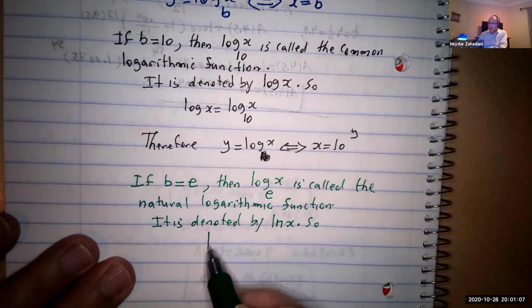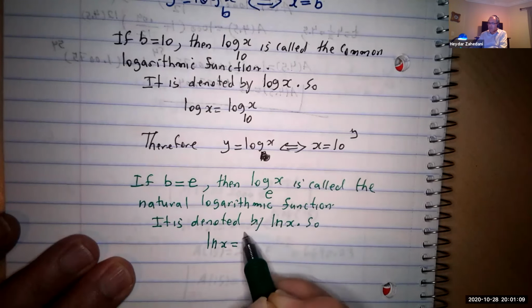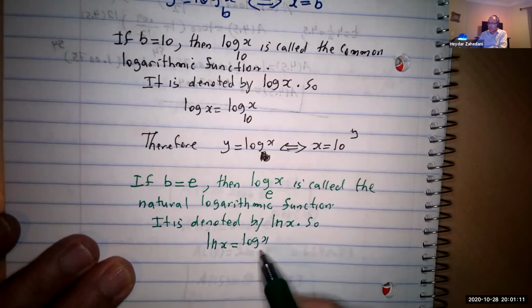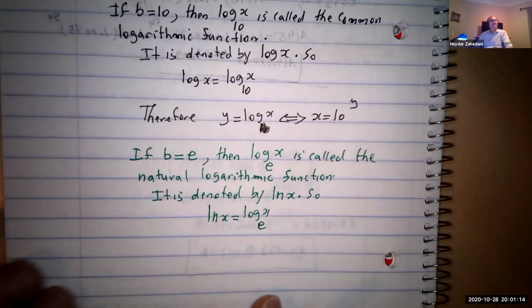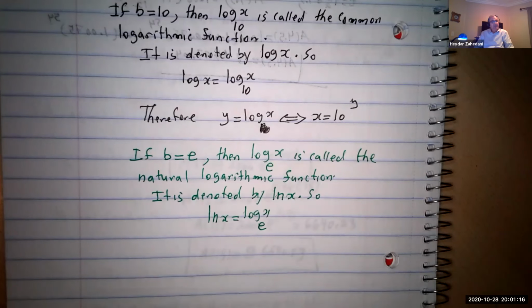If you write ln x, we mean log x with base e. In calculus, we use ln x all the time. In physics, chemistry, all of them. You'll see in a minute why we're just using ln x. All the charts, tables, formulas are expressed in terms of ln x rather than the other one.